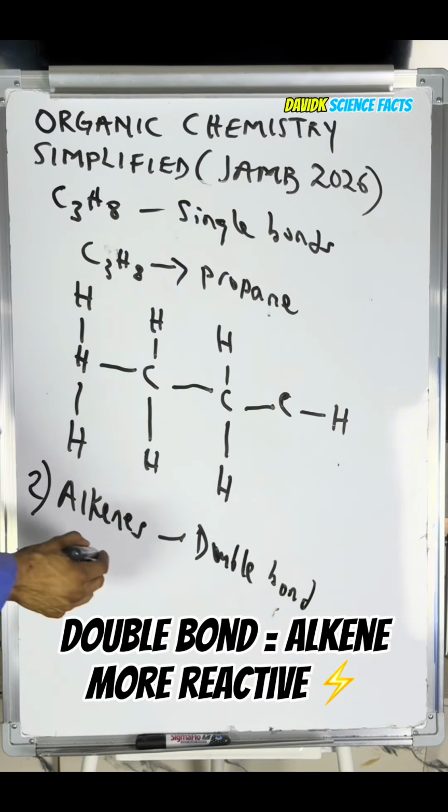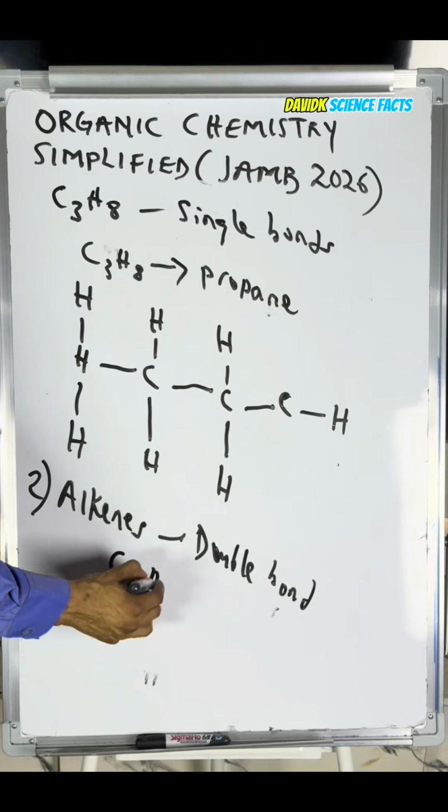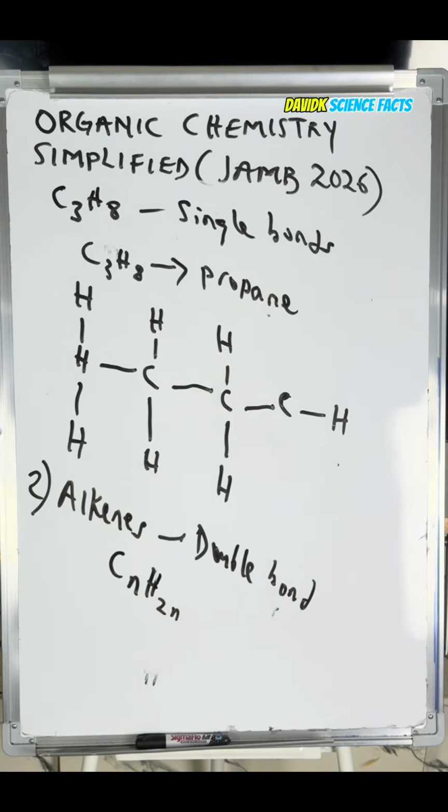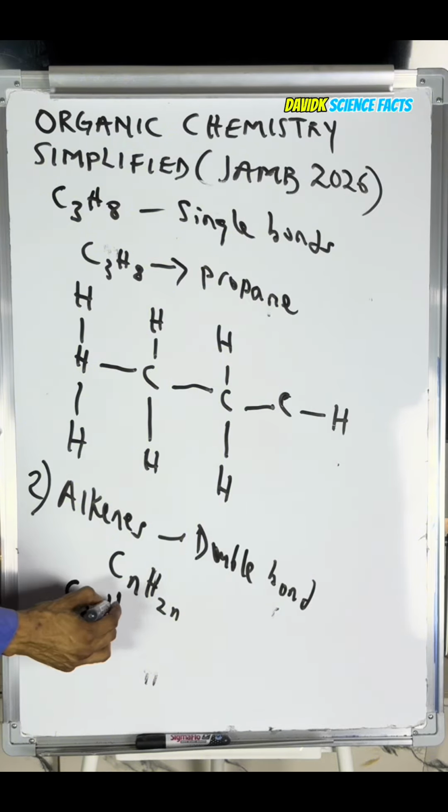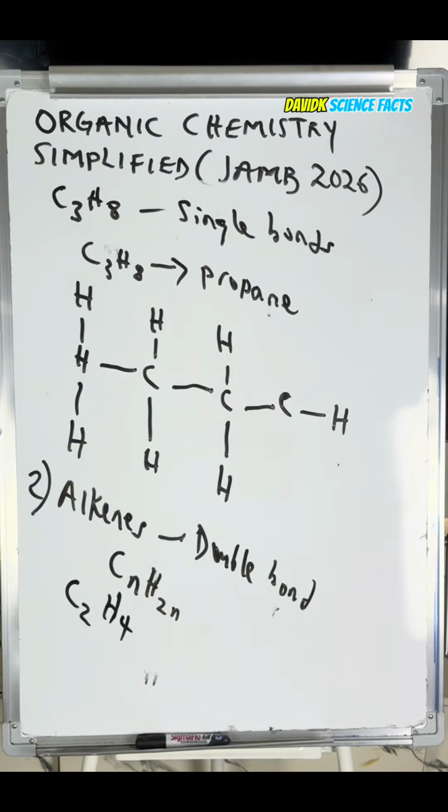The general formula is CnH2n. Example of alkenes: C2H4. Because of the double bond, they are more reactive.